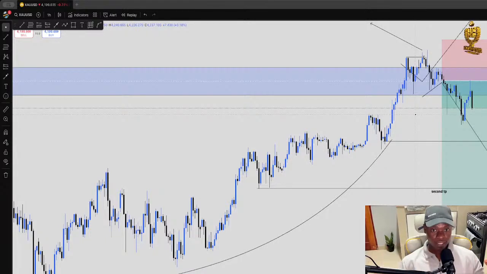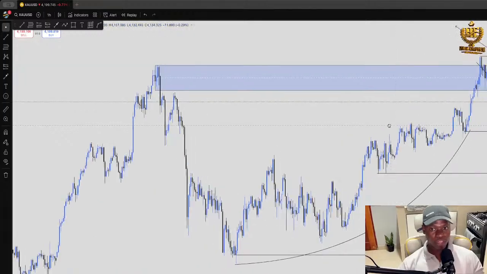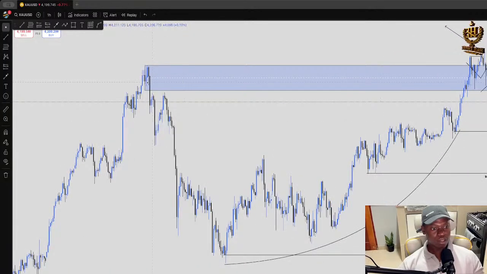You get? So in short, this level or that high was our external high. If price had stayed above it, I would have said keep buying gold.